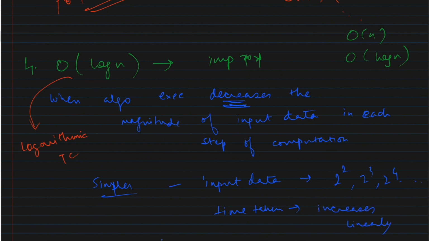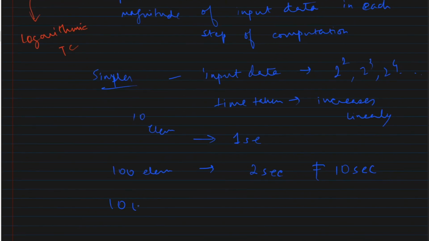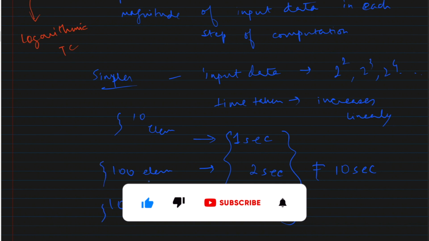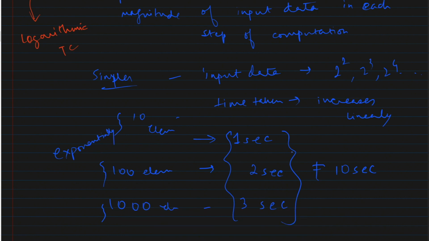If I have 10 elements, that is taking 1 second. If I have 100 elements, that is taking 2 seconds, not 10 seconds. If I have 1000 elements, that is taking 3 seconds. So time is increasing linearly, whereas my input size is increasing exponentially.